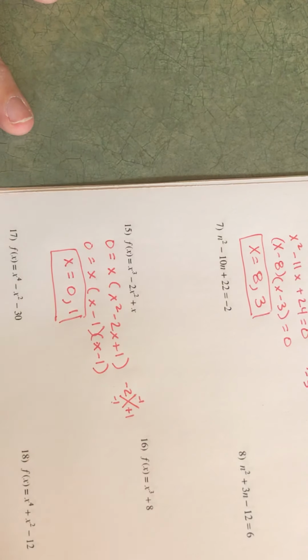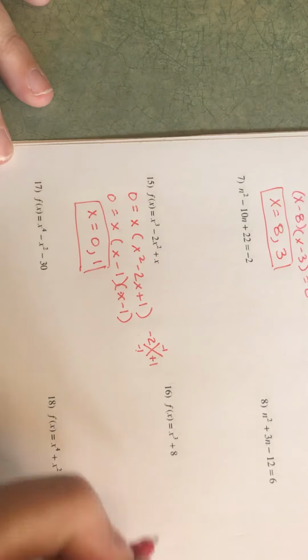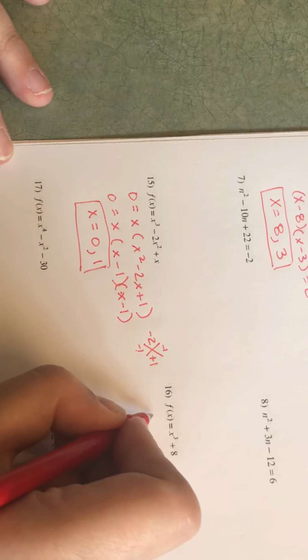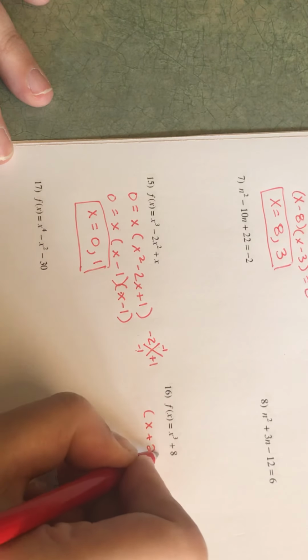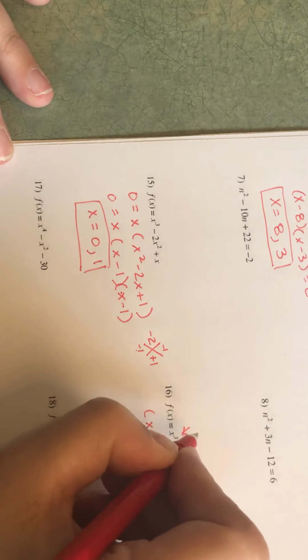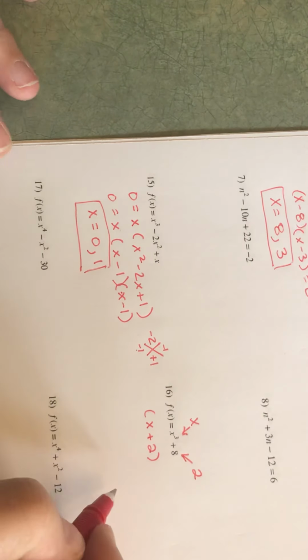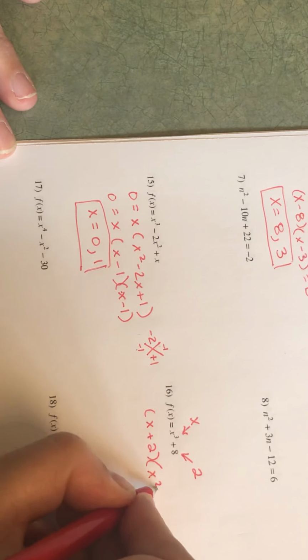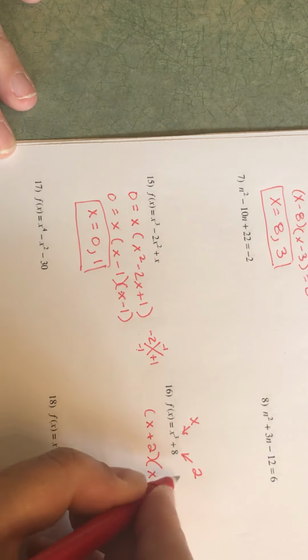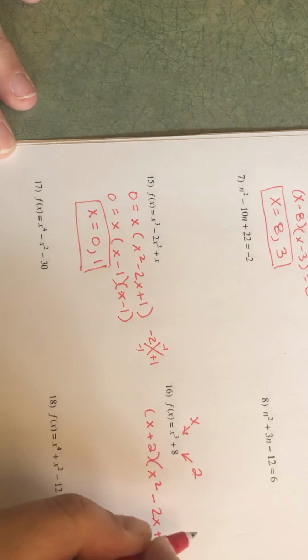Here I have the sum of perfect cubes. So if we remember the pattern for that, it's going to go x plus 2, right? The cube root of this is x, and the cube root of this is 2. So those are the pieces I'm going to be working with, times x squared minus, then I multiply these together, 2x, plus this one squared, 4.